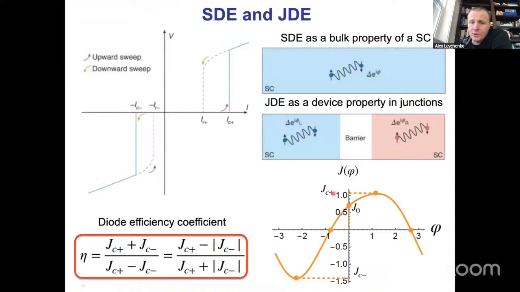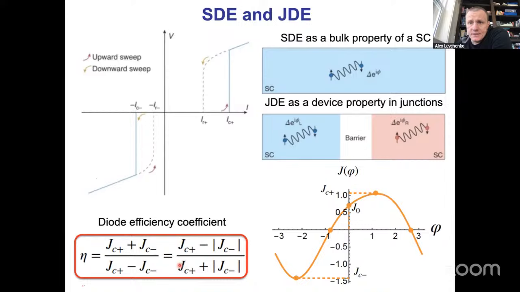So if I would plot right now for the Josephson junction, let's say SNS type current-phase relation, when current oscillates with the phase bias across the junction, then the magnitude of the critical current in one direction is different from the respective critical current in the other direction. So this would be the same physics, but realized in the Josephson junction device.